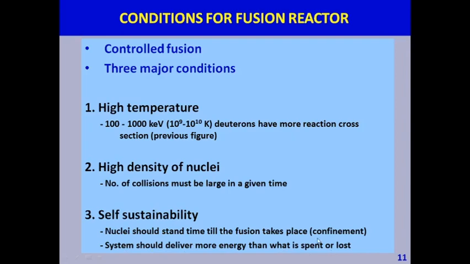Then only fusion reactors are possible. So these are the three conditions. A high temperature environment must be there, high density of nuclei must be present, and then self-sustainability. There are two issues in connection with that. One is the confinement, the plasma must be confined, and the other is the efficiency, that is, more energy should be produced than what is spent or lost.